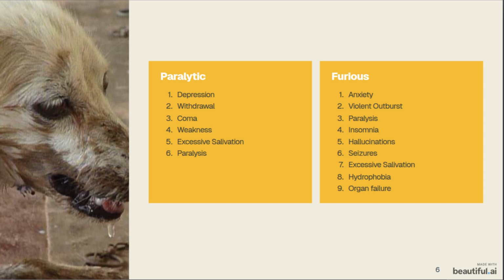Just because someone has paralytic rabies doesn't mean they can't experience the symptoms of furious rabies, and vice versa. Both typically have excessive salivation and hydrophobia, but you can have furious rabies and experience paralysis. You can have paralytic rabies and experience seizures.